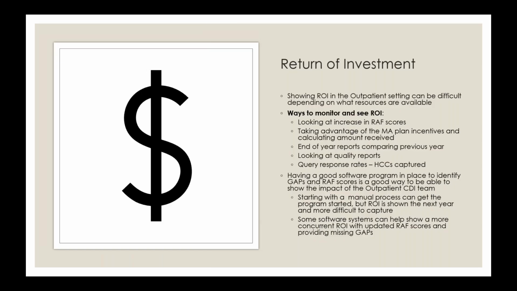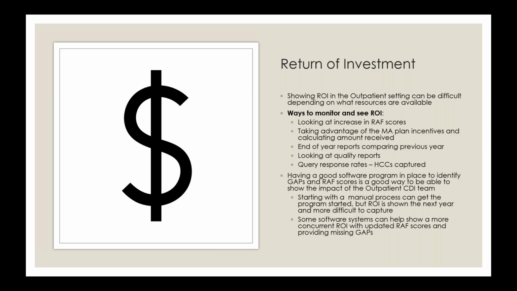And then for return on investment, it can really be hard for the outpatient setting. Because within the inpatient, you can see that right away within that impact review, and you can see, okay, this query generated this amount. But for the return on investment, you can monitor it and not really even just focus on the monetary value, but can also look at your risk adjustment scores, and see, hey, this is where we started, and this is how we impacted those risk adjustment factors.